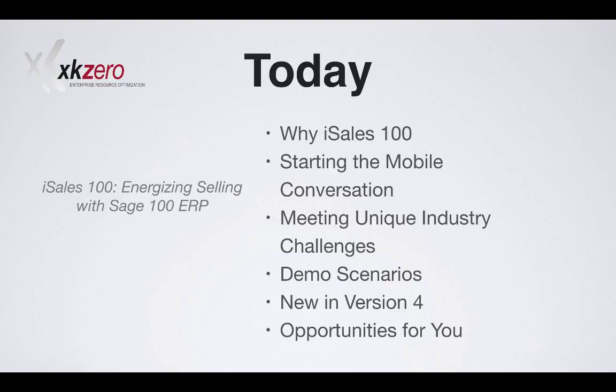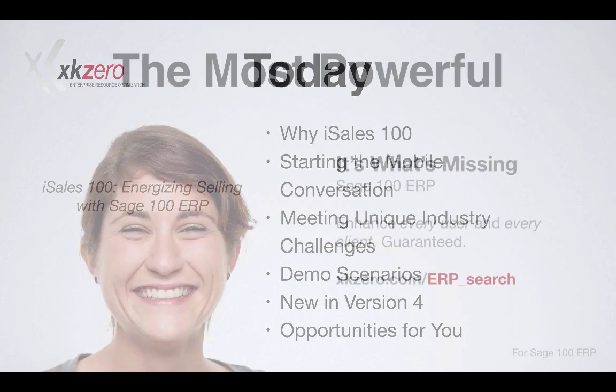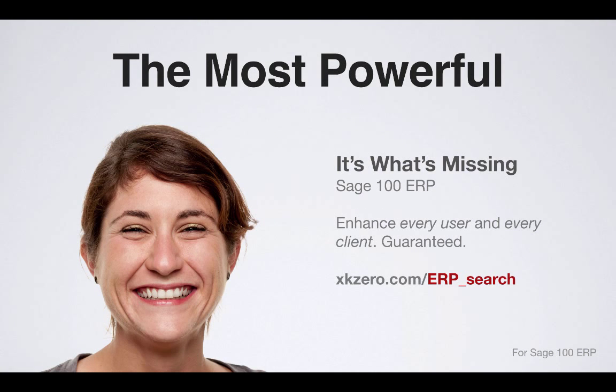We're actually going to look at a few different demo scenarios to give you a sense of the ease with which we can take one single application, iSales, and have it serve in so many different purposes. We'll also look at what's new in version 4, which is available now in the Apple App Store. And then we'll close with talking about opportunities and resources for you, as well as questions that you might have that come up during the course of this session.